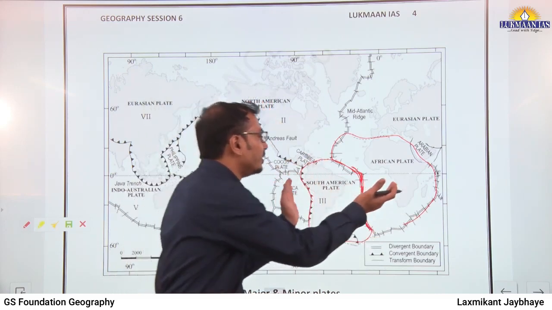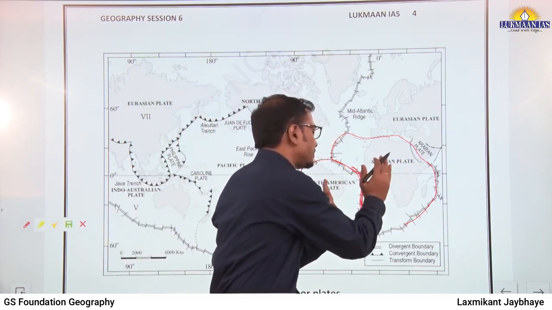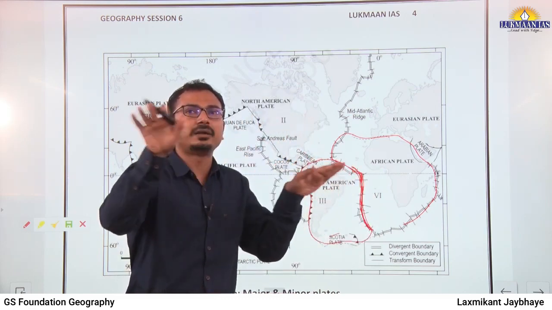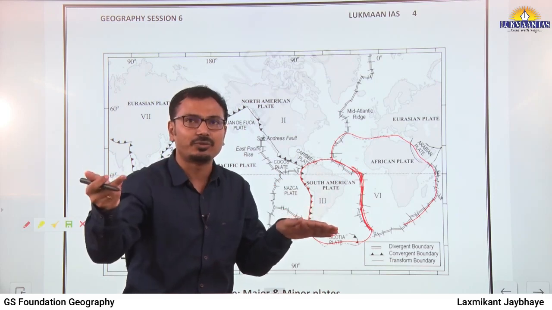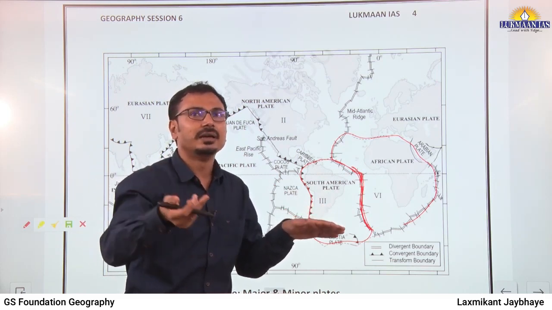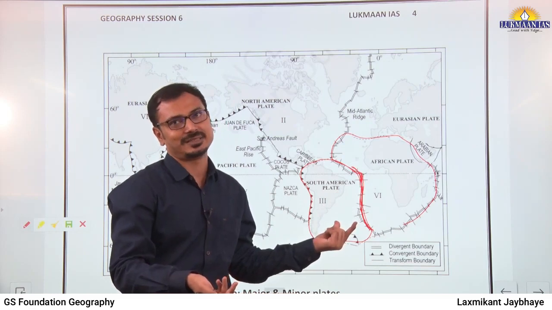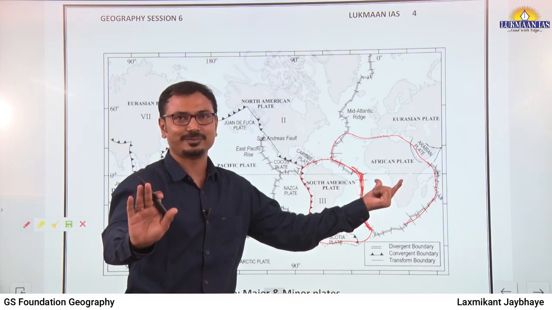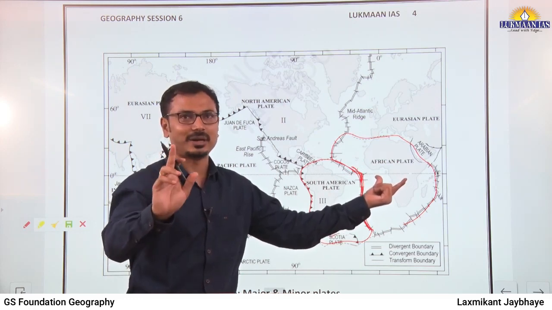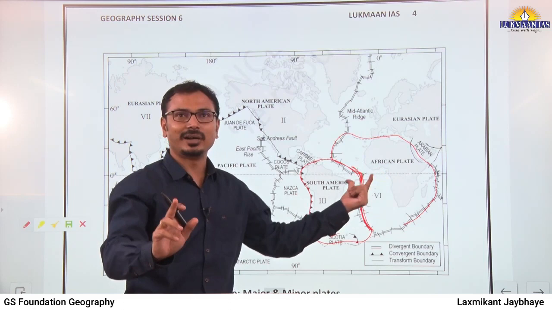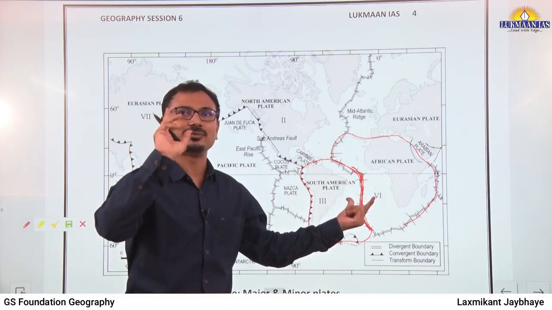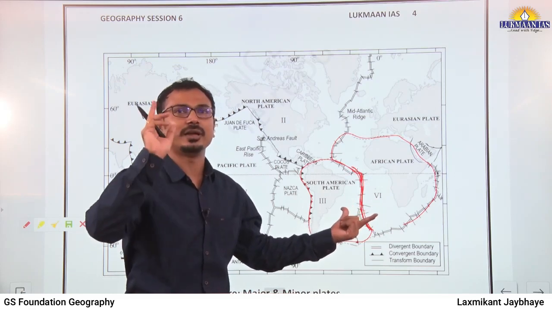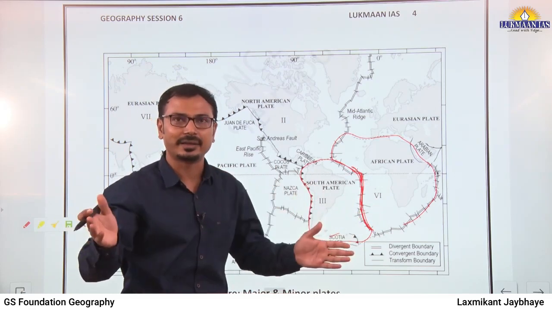Now imagine these were continental masses near to each other. Because of the movement away from each other, new crust is being formed, and that new crust becomes the oceanic crust. The continental land masses are as they are, but the new crust is being formed as oceanic crust, and that's why the ocean floor is widening and widening.